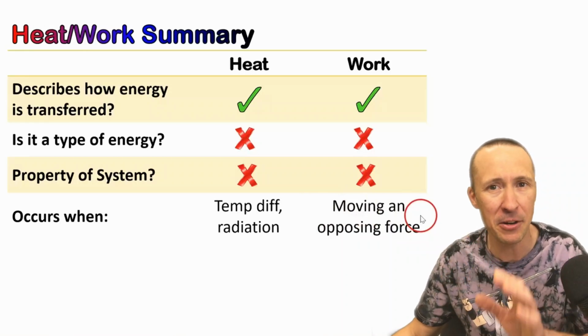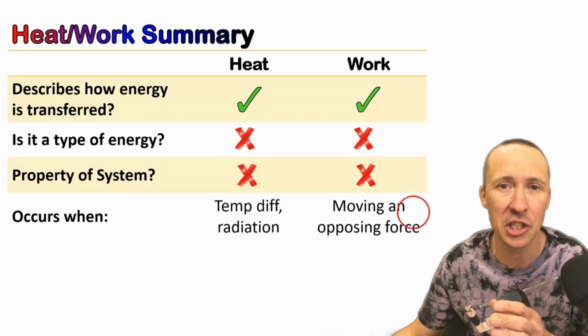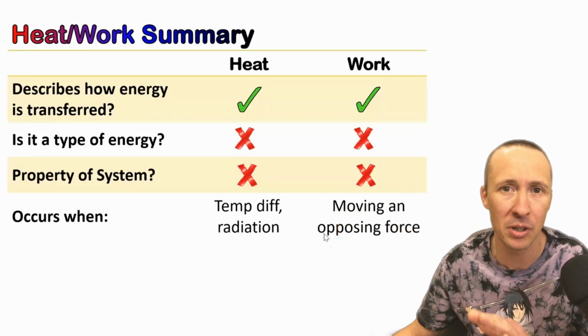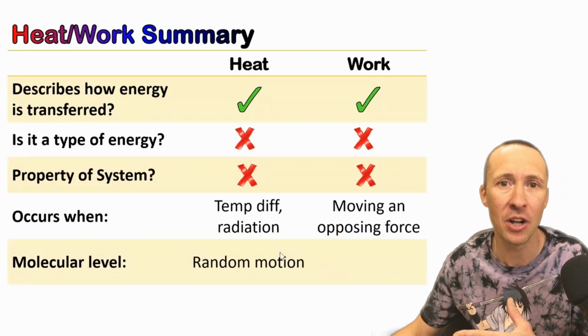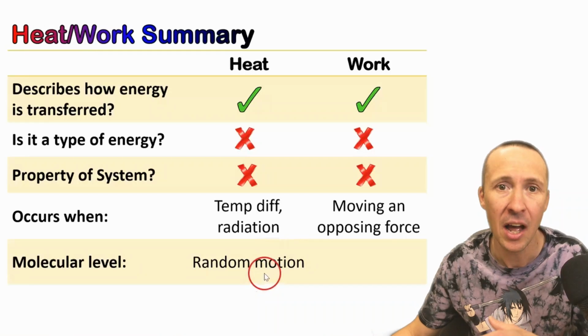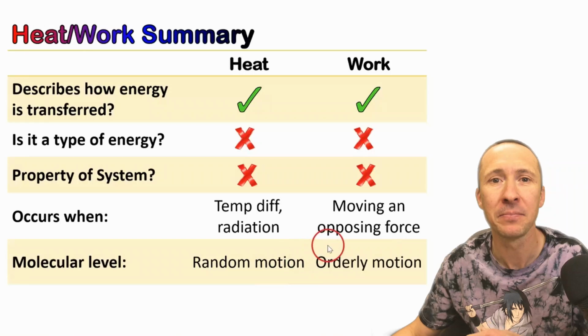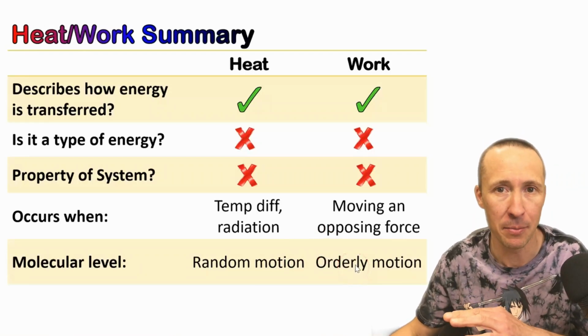Now, this is a very simple statement, and I have derivations of equations and calculations and exam problems that go on this, but it's really nice to have a good conceptual understanding of what's going on. Now, on a molecular level, heat results in random motion of the molecules, although work is done with every collision. And with work, that results in orderly motion of the molecules.